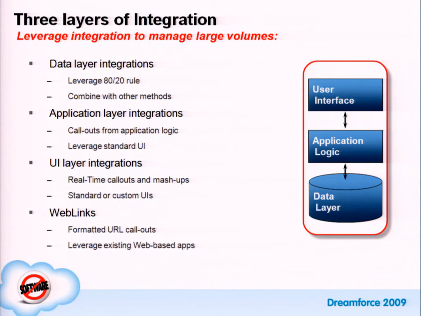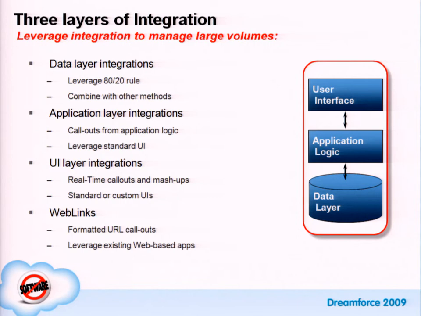Another option that we have from an integration standpoint is to do user interface level integrations. User interface level integrations can either be in the format of web services callouts, where we call a web service to pull in details like line item details on an order, or in the format of what we refer to as web links.